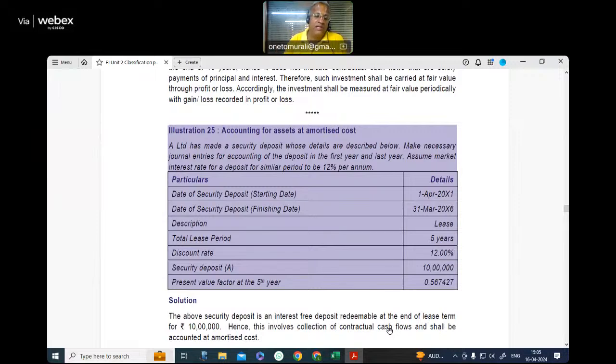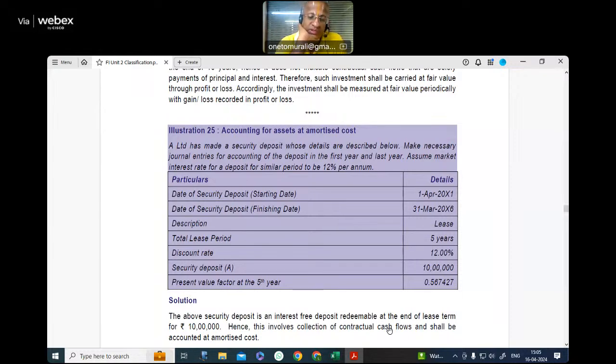Description lease, total lease period 5 years. Discount rate is 12%. Security deposit is 10 lakhs. Present value factor at the 5th year is 0.567427.